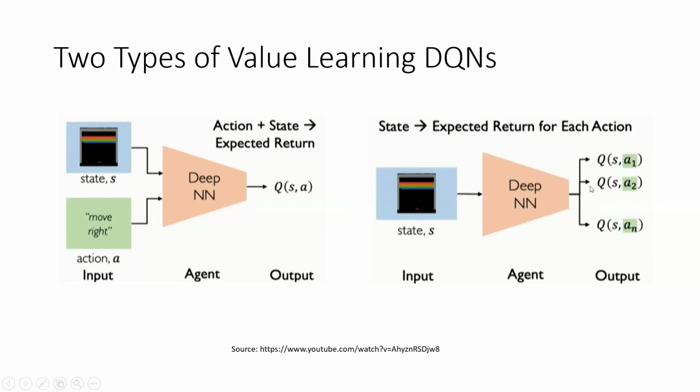So in this case, it would be moving right, moving left, or staying as it is. So for each of the actions, what are the returns that you have received? So those things can be trained in this type of neural network. In this case, we give the action plus the state and train the neural network to get the value for a particular action, right? So this one is more suitable when it comes to larger number of actions that are possible.